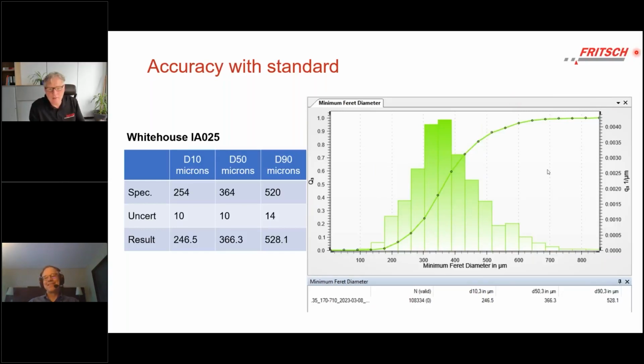But of course, then you just have a couple of pixels where you can determine, well, there is something, but I cannot tell you if the sphericity is 0.72 or 0.79. So there are then, of course, limitations.